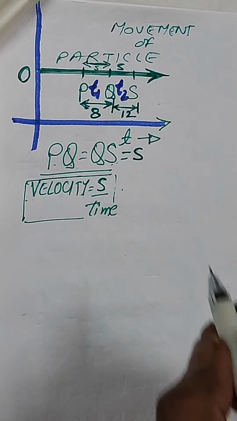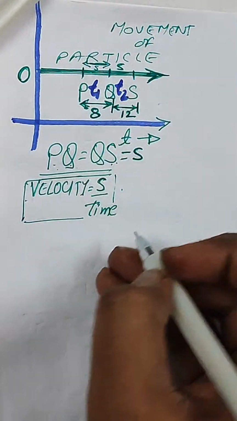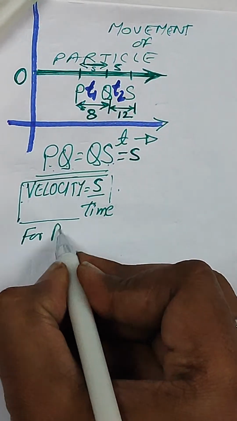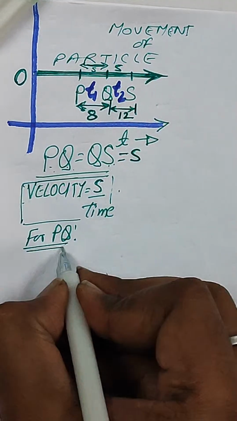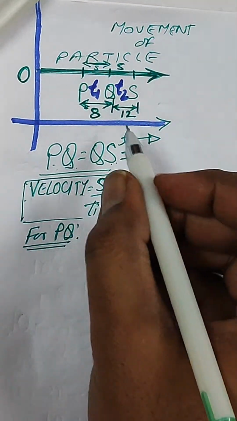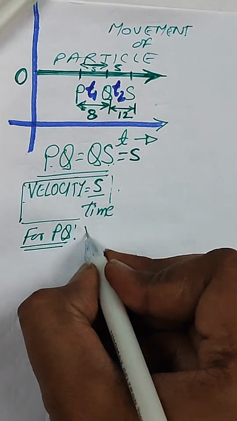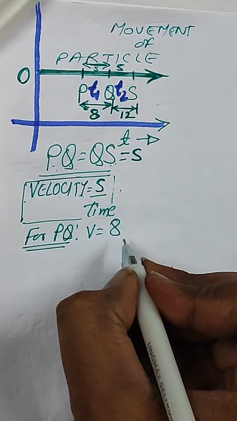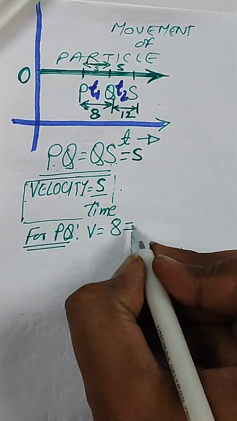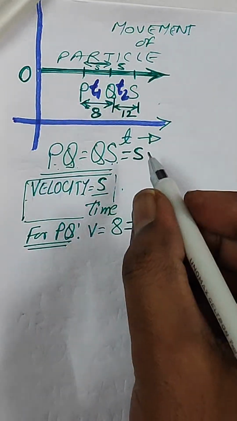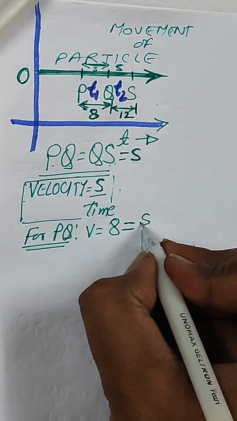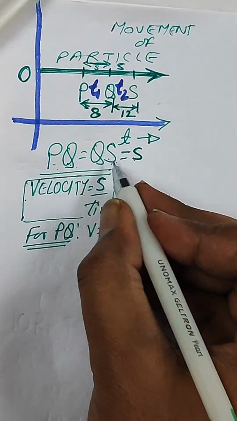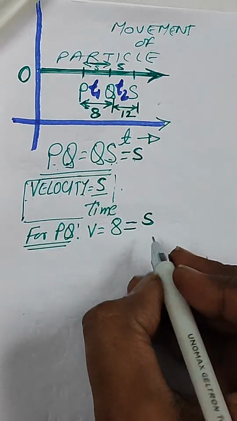Now for the first section, for PQ, the velocity given is 8 meter per second. V is 8 meter per second, which can be equated as displacement by time. The displacement we have assumed as S, and this is equal for both PQ and QS.